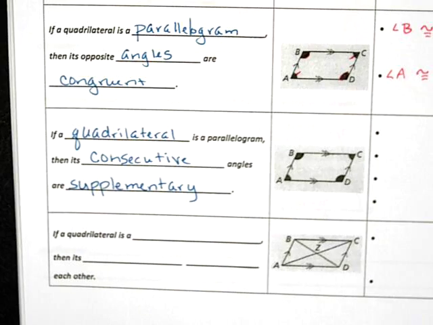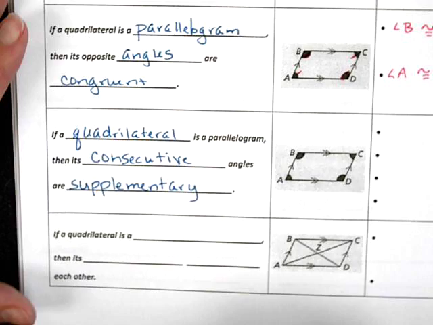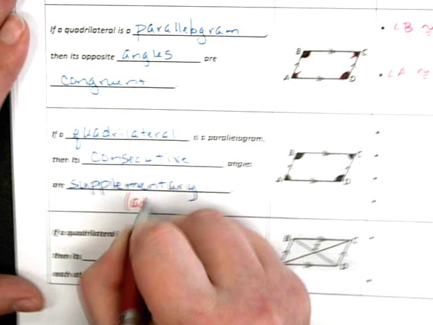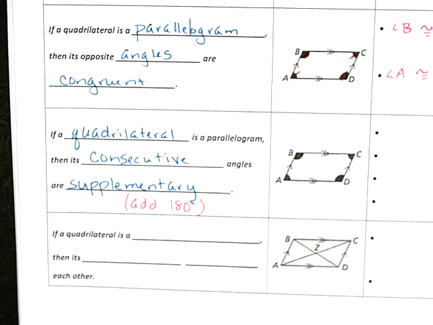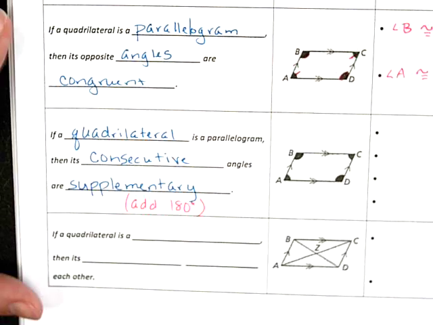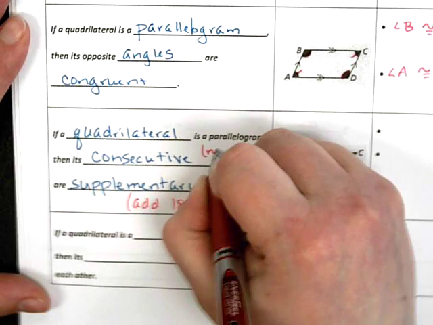Okay, so let's think about what that means for a second. We have to remember that supplementary means that they add to 180 degrees. And consecutive means that they are next to each other.